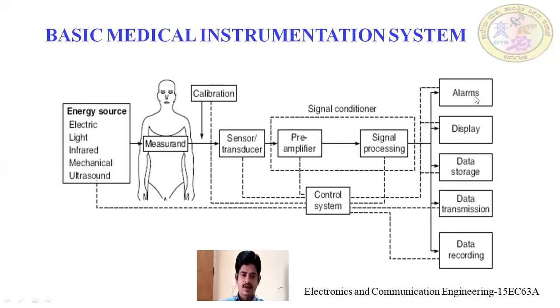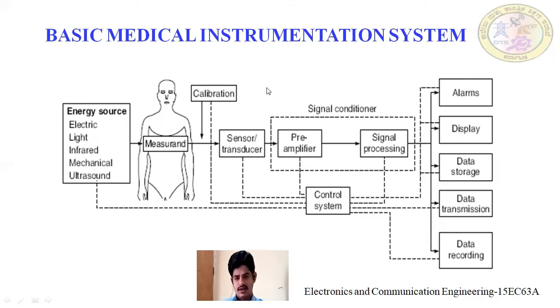It may be an alarm signal, or displaying, data storage, transmitting the data, or recording. That will be done with signal processing, to convert the received signal into the form required by the output devices. And all these subsystems, all these blocks, are controlled by the control system. It will control all the blocks and guide how to operate them.